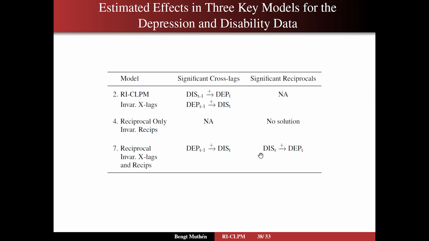So the interesting thing here is that this model, model 7, is what the Ormel et al. article presented and discussed, and interpreted this difference in timing between the effects. However, you have a model which is just as good up here, and it would say that there are no lag 0 effects, there are only the cross-lagged lag 1 effects, and they go in both directions.